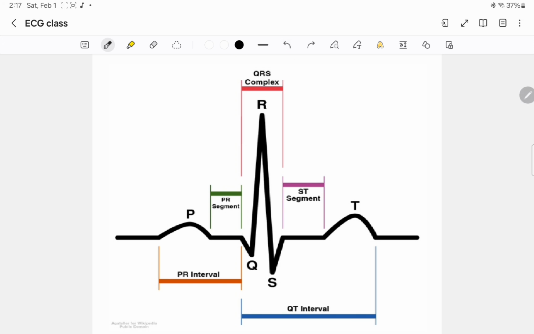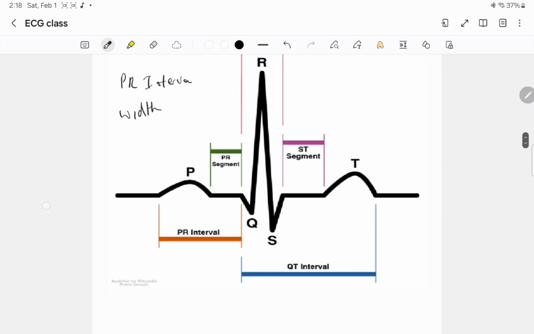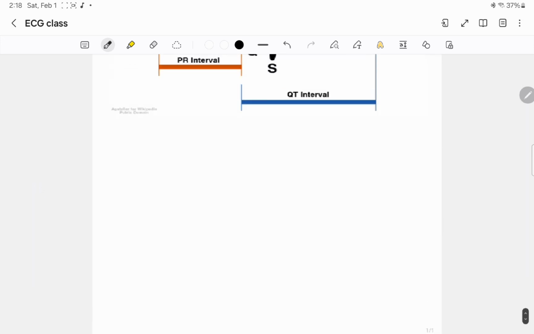So the next thing, which is even more important, is the PR interval, right? So the PR interval, we have to analyze its width. All right, so let's draw a diagram here.